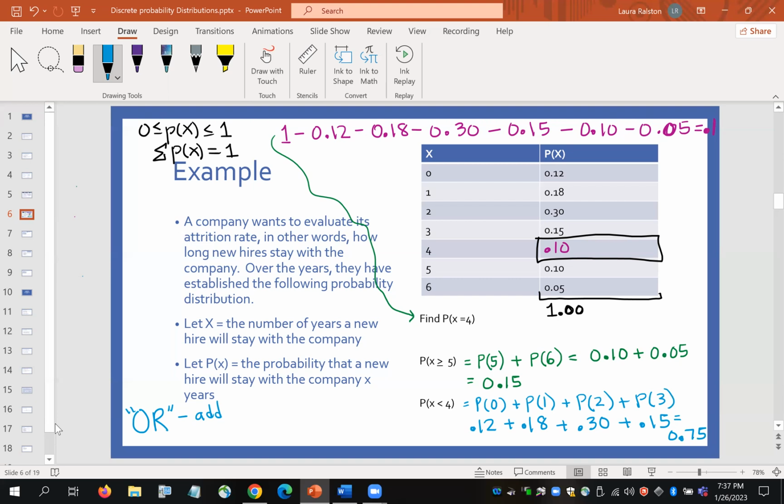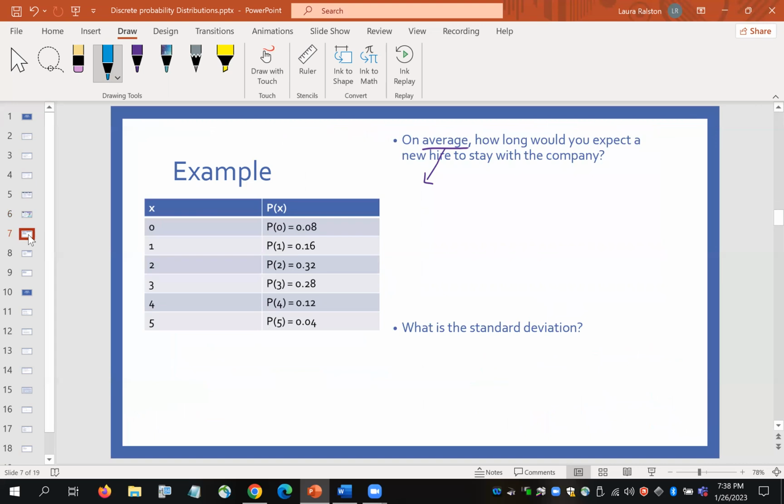There's about a 75% chance that a new hire will stay less than 4 years. I'm simply reading the information from the table and performing the indicated calculations. You have to be extra careful and pay attention to the symbols.